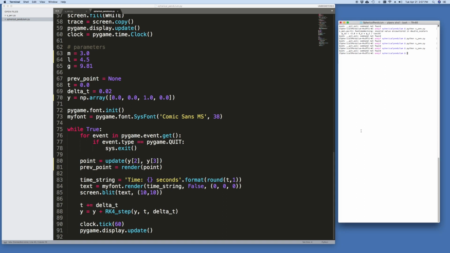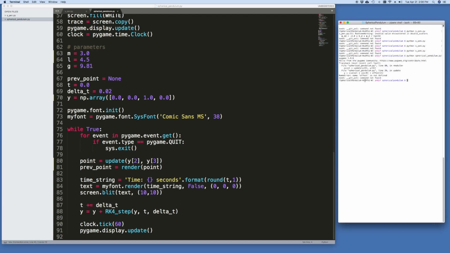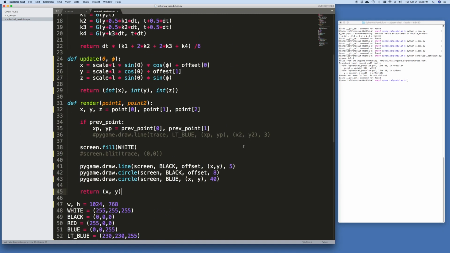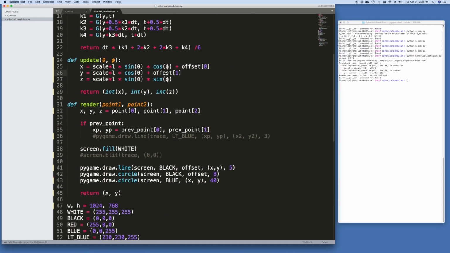All right, so let's try to run this. In this case, it's not S Pen, it's spherical pendulum, I called it. Offset. Oh, that's a typo. Offset.